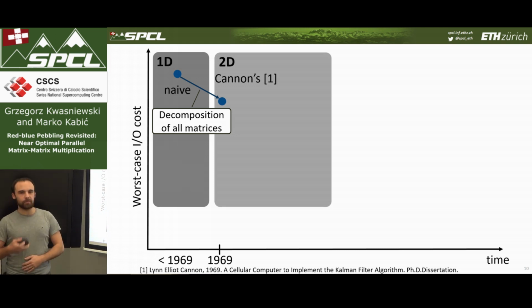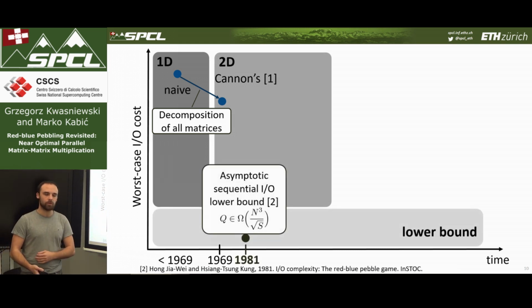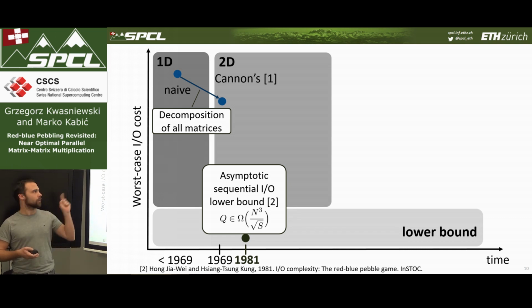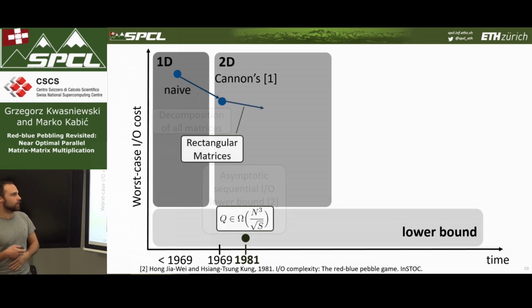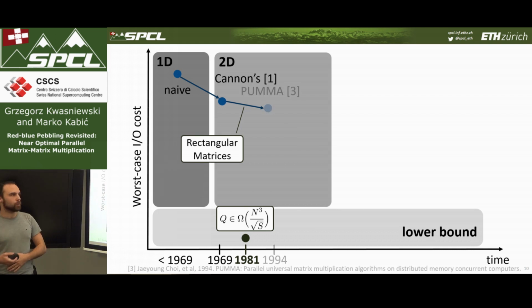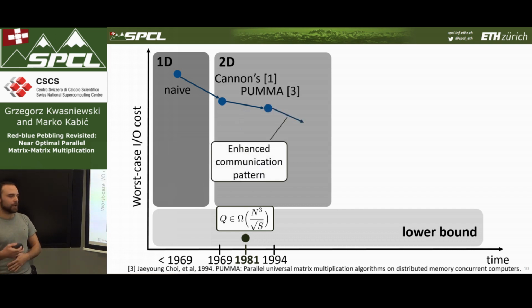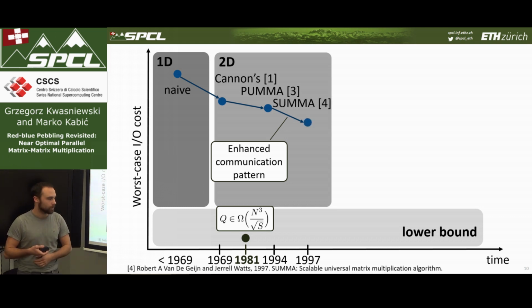Meanwhile, the first asymptotic sequential lower bound was proven by Hong and Kung. Now the problem with Cannon's algorithm is that it works only for square matrices. So first it was extended to handle rectangular ones, and then with enhanced communication pattern and data layout decomposition, it formed the basis for the SUMMA algorithm.